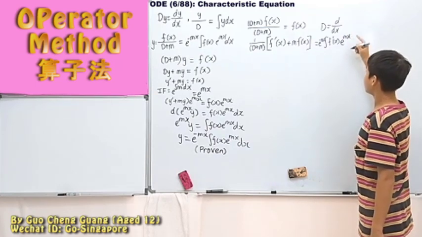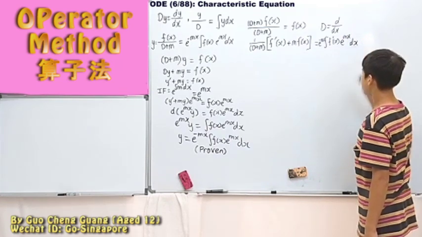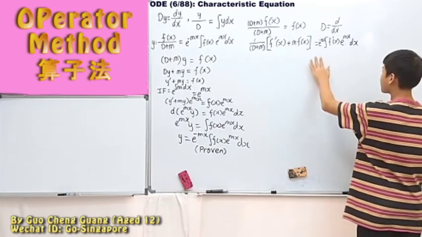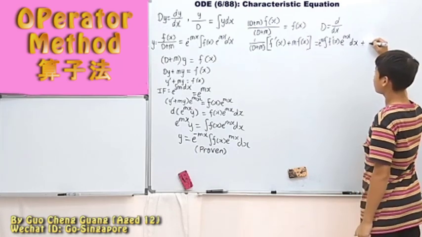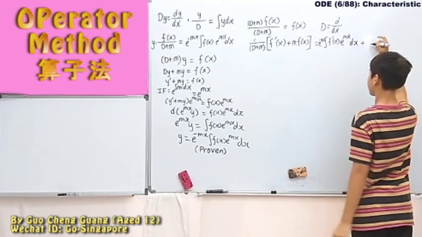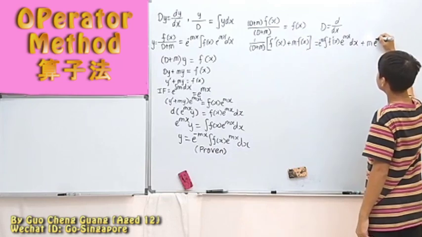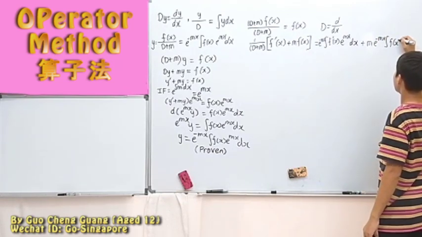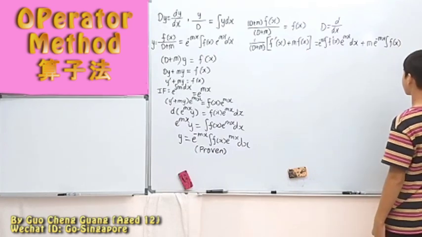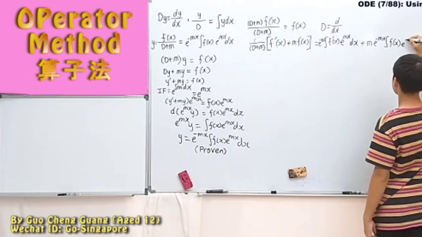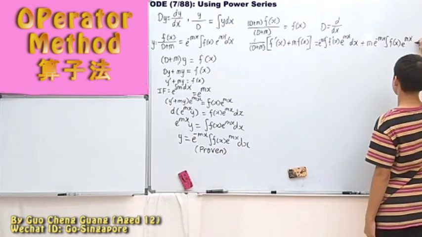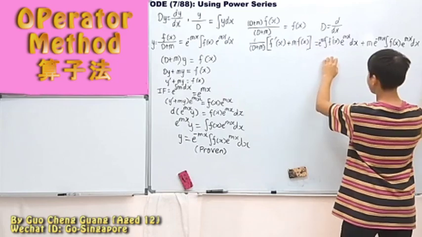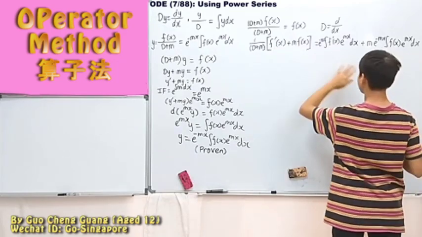And then inside here you have e to the power of mx dx. For the second part, m just as a constant, you can just take it out. So inside here you will be left with f(x), e to the power of mx, then dx. So this is the part that you'll get after your integration.